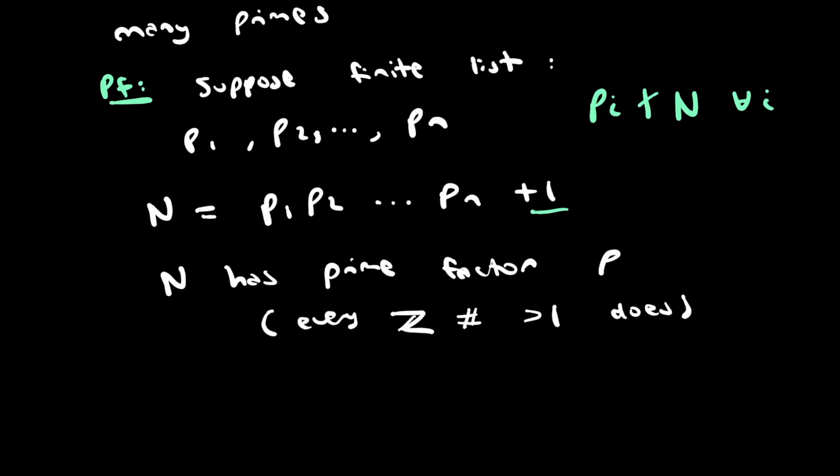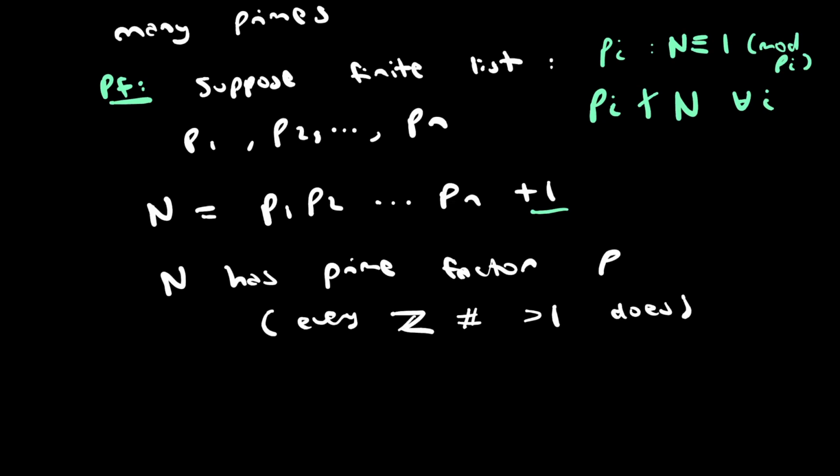And I guess to specify, for p sub i, that means n is congruent to 1 mod p_i. That means p is different from all of them, and we've produced a prime that wasn't on our complete list.